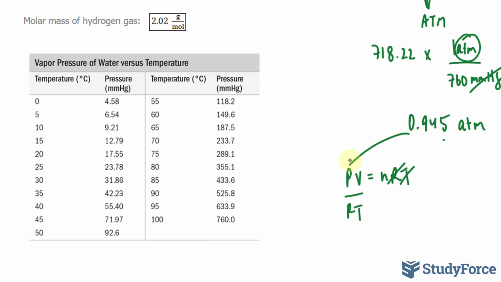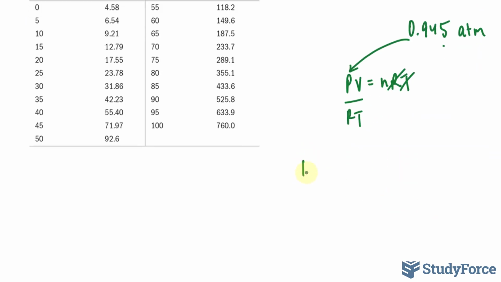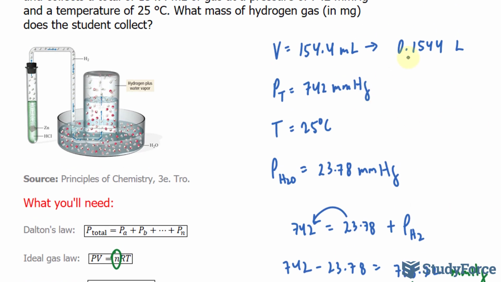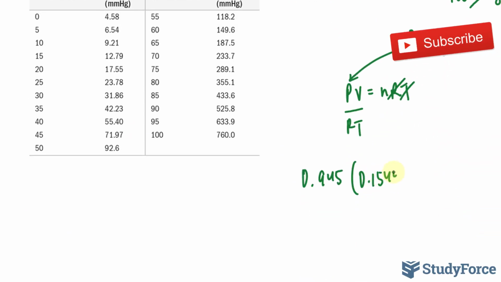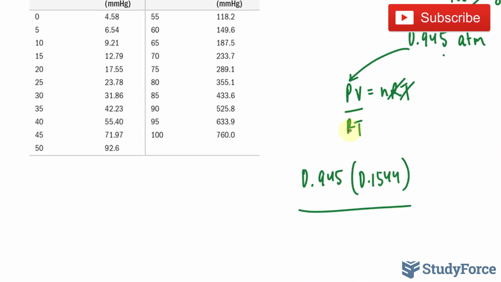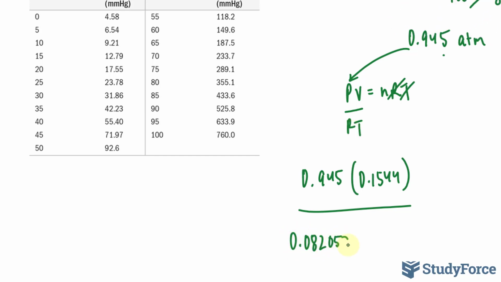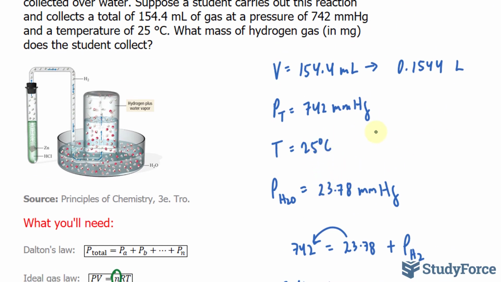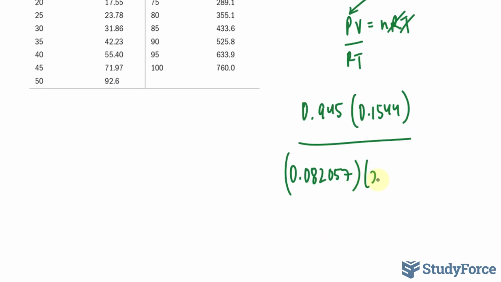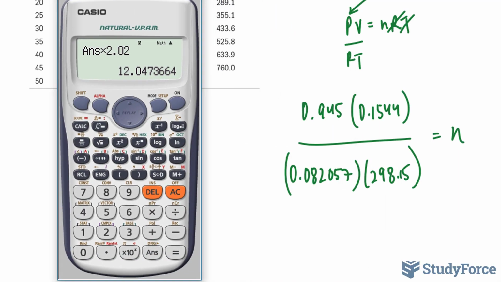My pressure is right there, 0.945, times the volume, and that was provided as 0.1544, divided by R, which is the gas constant, 0.082057, and this is being multiplied by a temperature of 25 degrees, which is equal to 298.15 Kelvin. Let's find out what the number of moles is.